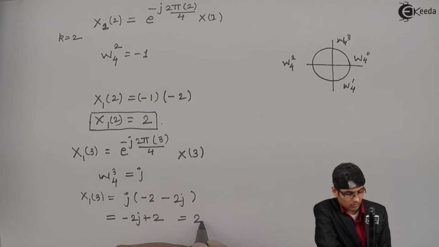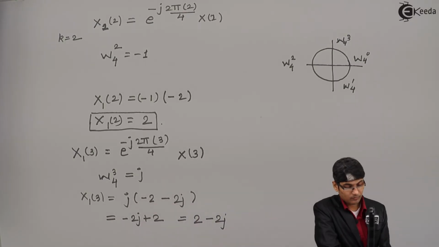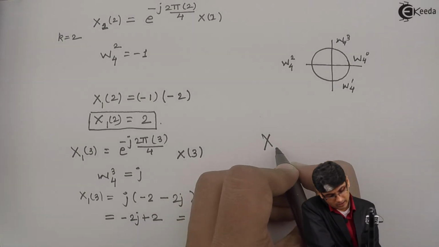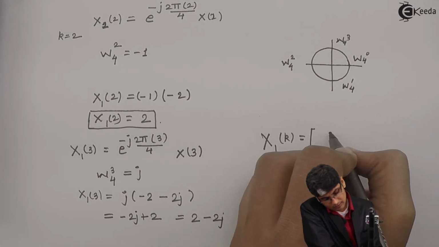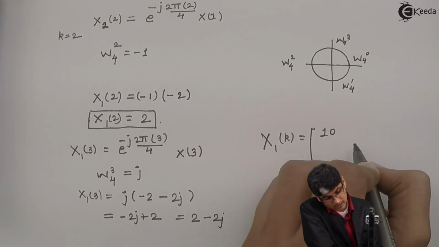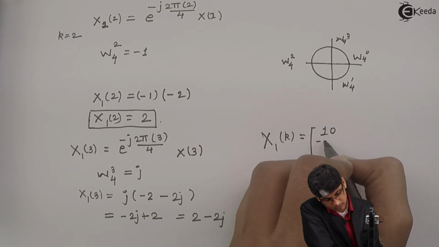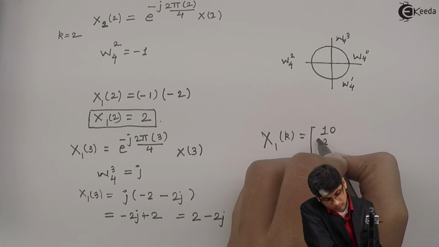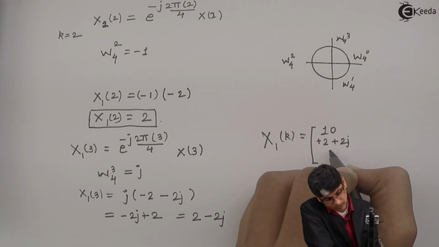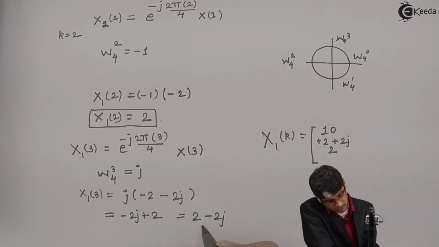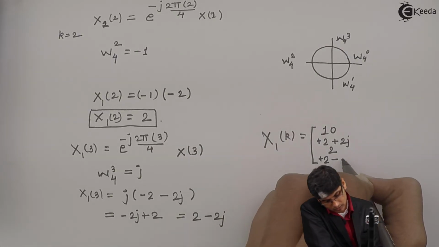So I can write it as plus 2 minus 2j. Therefore, I can write x1 of k is equal to, first sample was 10, second sample was plus 2 plus 2j, x of 2 is 2 over here, and this is 2 plus 2 minus 2j.